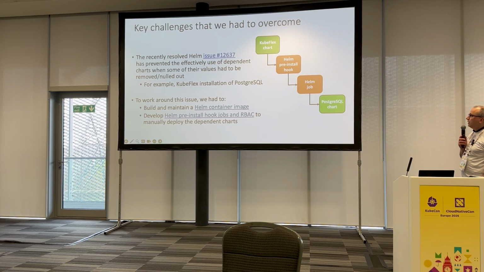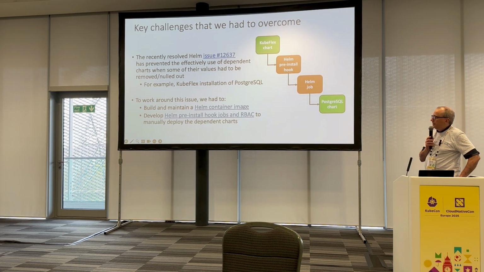In order to work around these issues, we have to complicate our life, and the kubeflex chart, for example, has to create a Helm pre-install hook with a Helm job and customize the chart on the fly to do the installation.